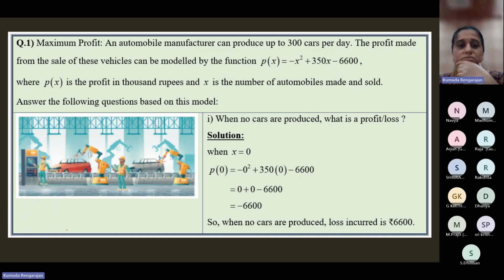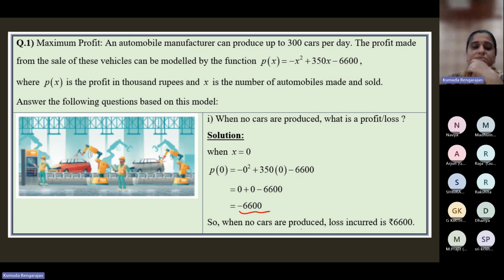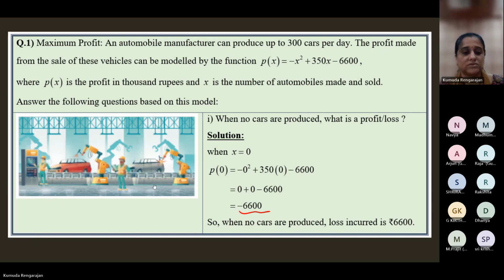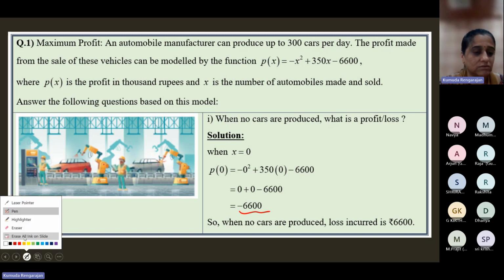It's minus 6,600. So you can see that even when no cars are manufactured, there is a loss.